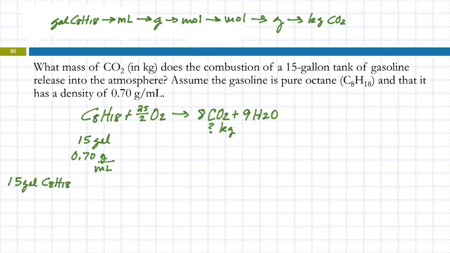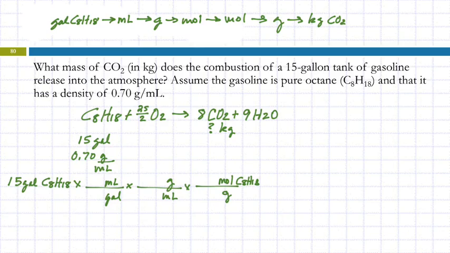C8H18. I've got that path, that's the hard part. I'm going to follow the path. So I'm going gallons to milliliters, and gallons will be down there. And then I'm going to grams, and milliliters are going to be down there. And then I'm going to moles, and that's moles of octane still.